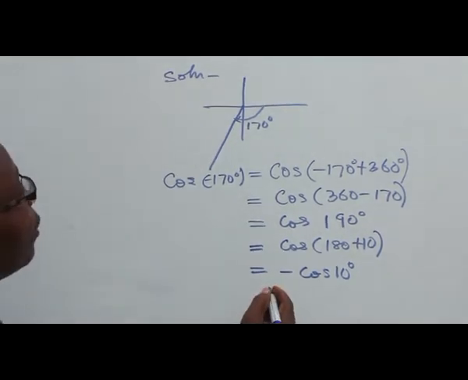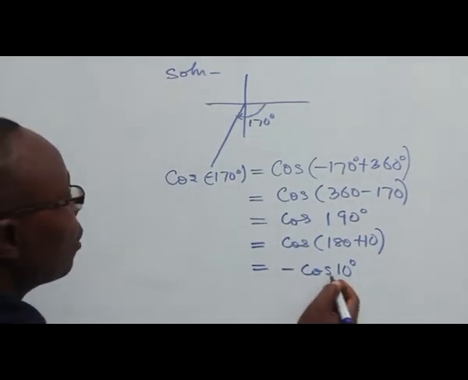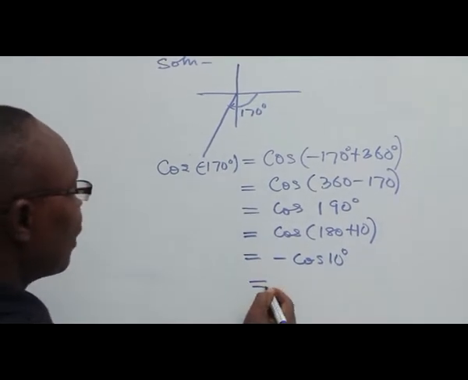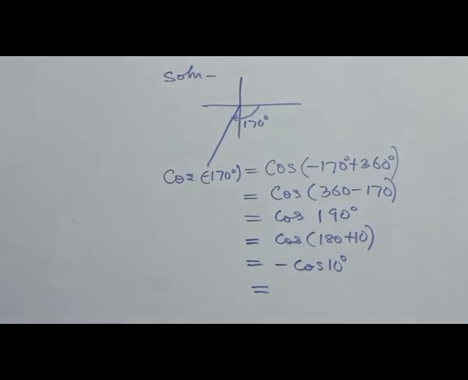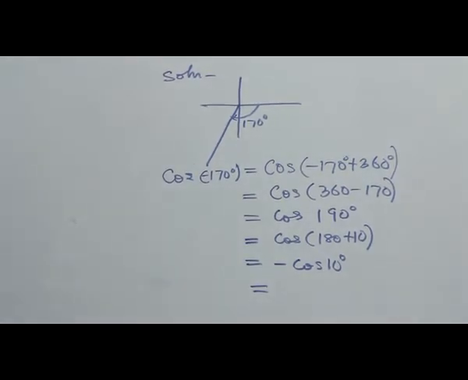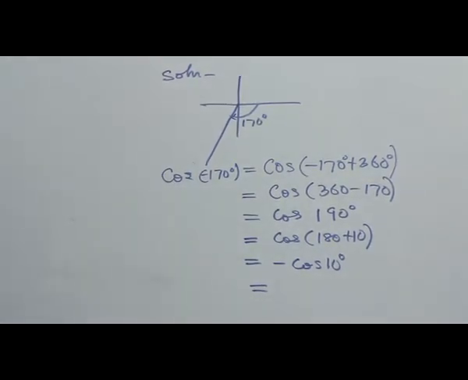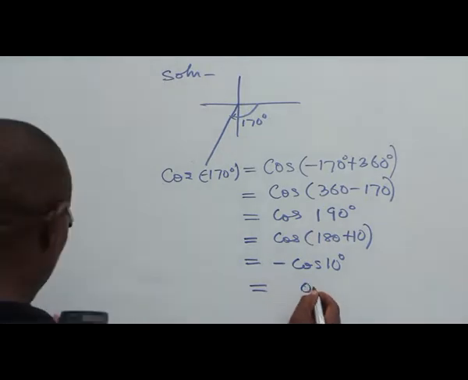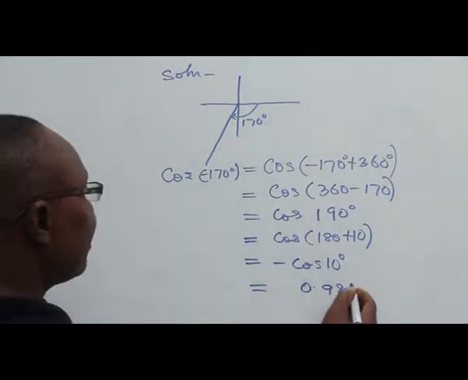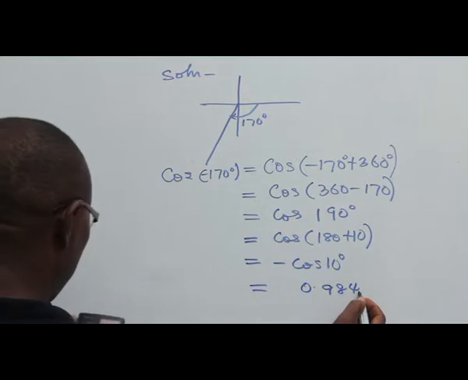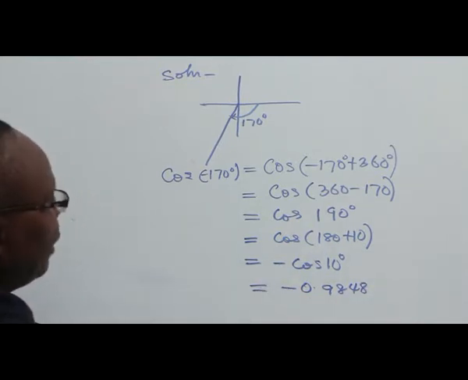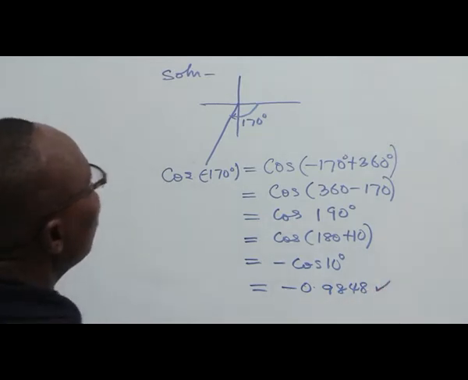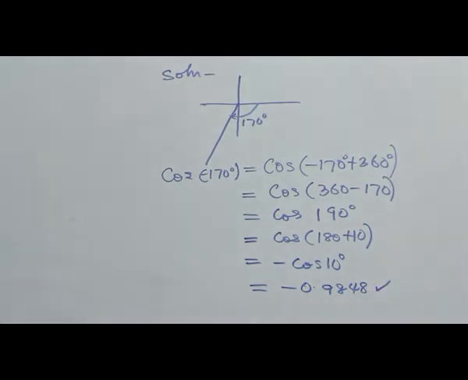So, you will now calculate the value of minus cos 10 degrees by checking your calculator or your four-figure table. Cos 10 degrees will be equal to 0.9848, and then the minus, which is minus 0.9848, and this gives you the value of cos minus 170 degrees.